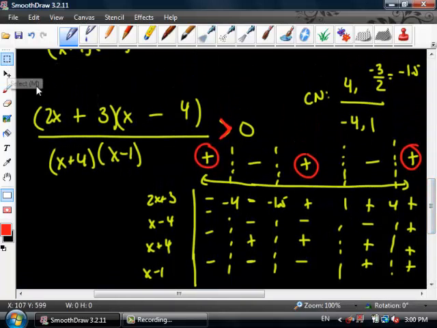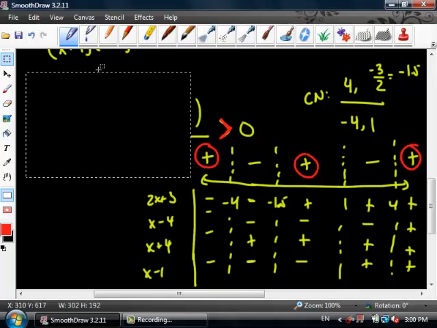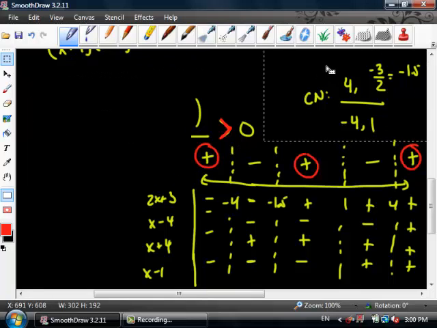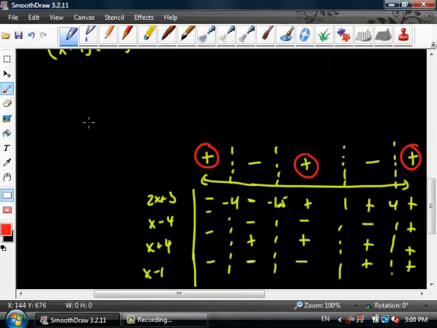So let me clean some of this garbage up before I do that. Okay, interval notation. The first one starts at -infinity. It ends at -4. I have to jump over this.